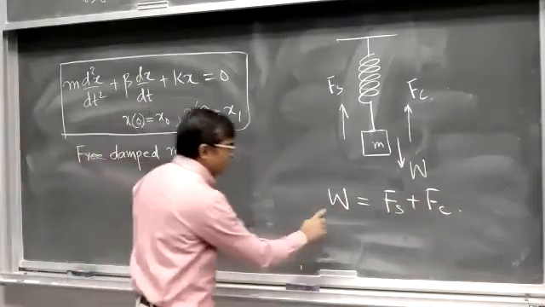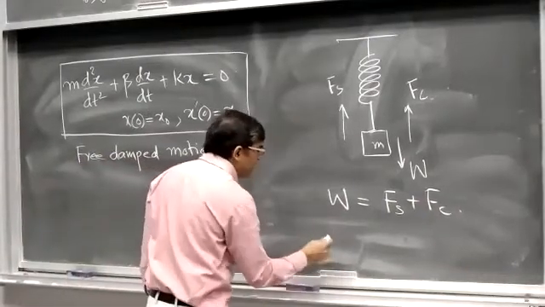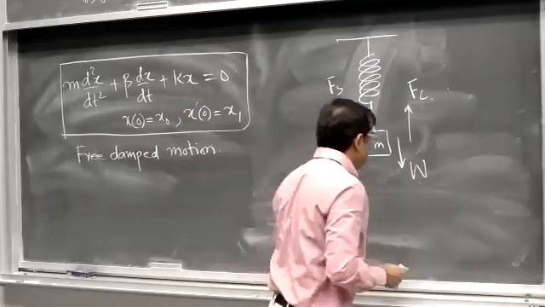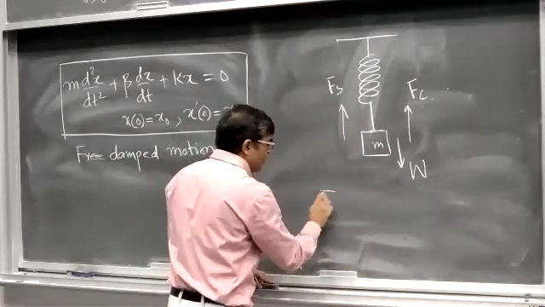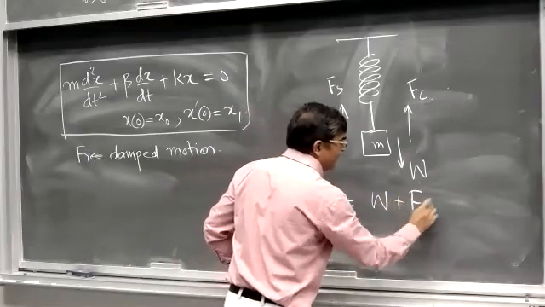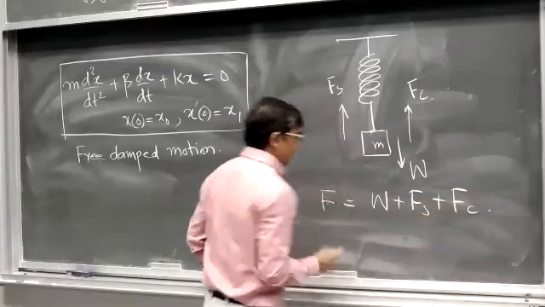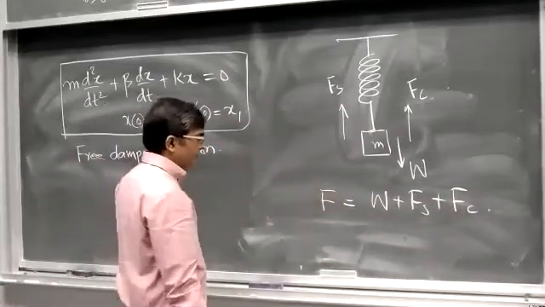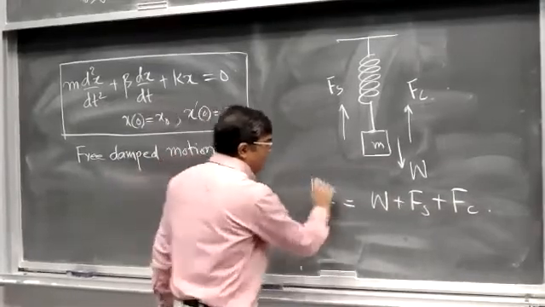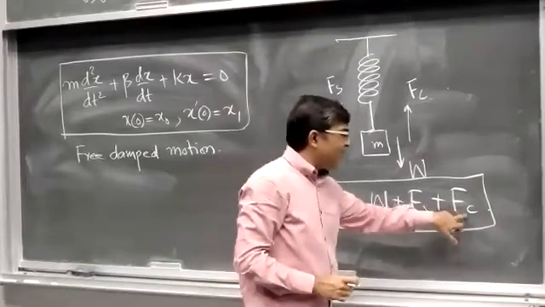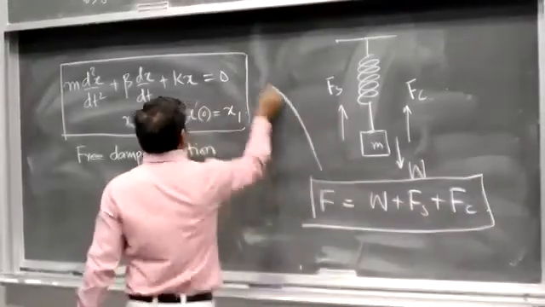Now the total force on this spring mass system will be W plus Fs plus Fc. This will be correct by using Newton's second law of motion. Okay. So after inserting the values of W, Fs, Fc, we obtain this equation.